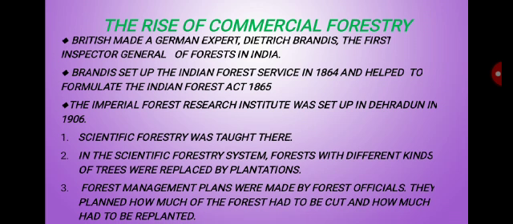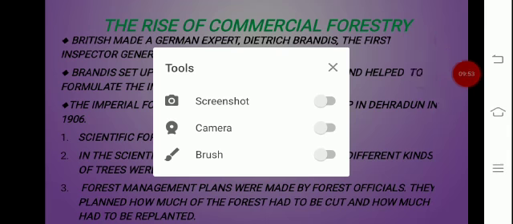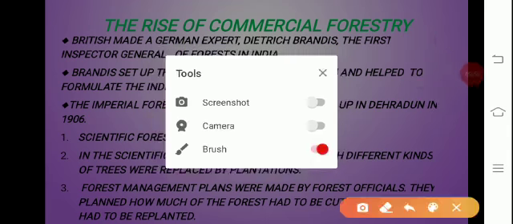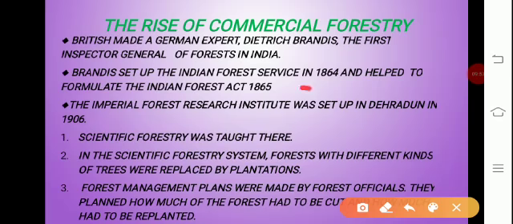Brandis set up the Indian Forest Service in 1864. Students, you can mark these dates. 1864, Brandis set up the Indian Forest Service. And one more thing, again I'm telling you, Dietrich Brandis was the first Inspector General of Forests in India.